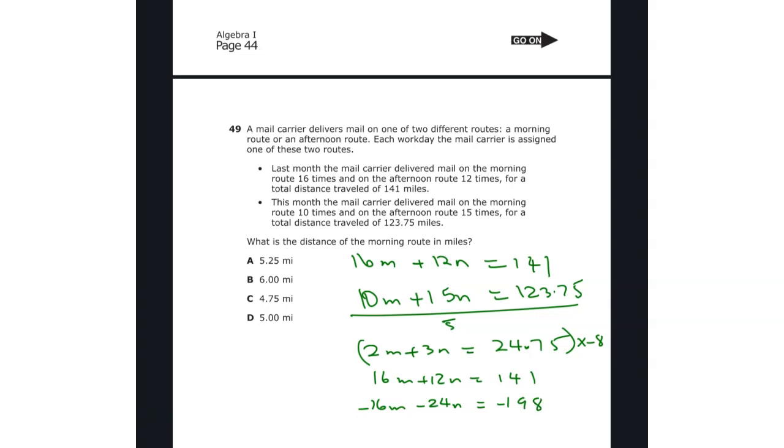So we're going to add all of this together. So we have the morning route. So we have negative 12n equal to negative 57 divided by negative 12.